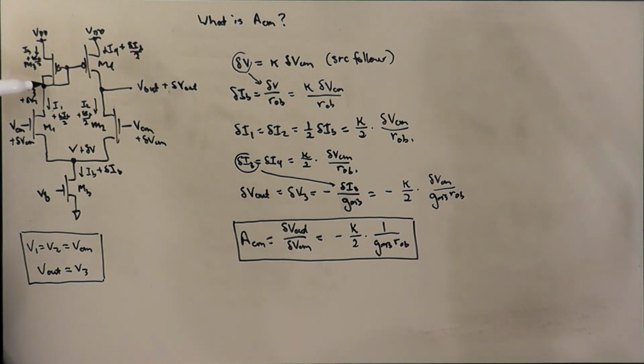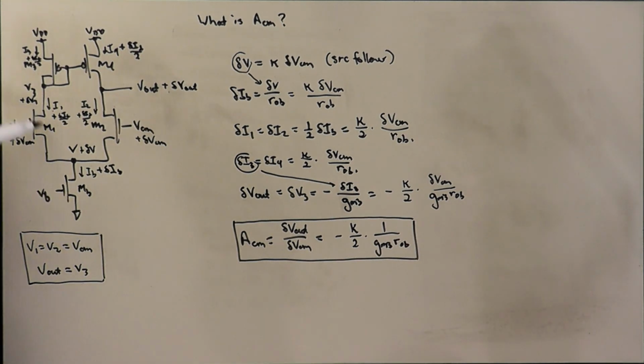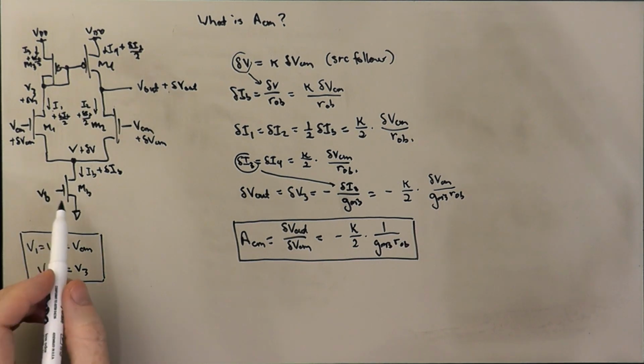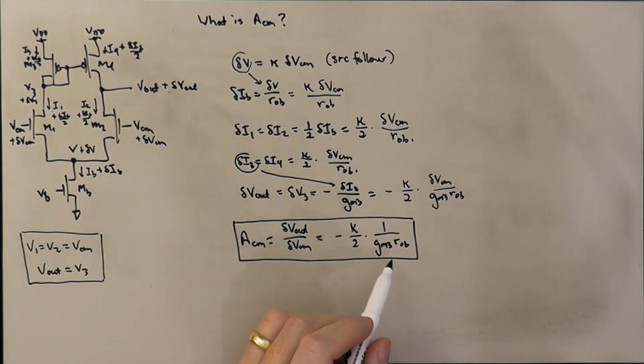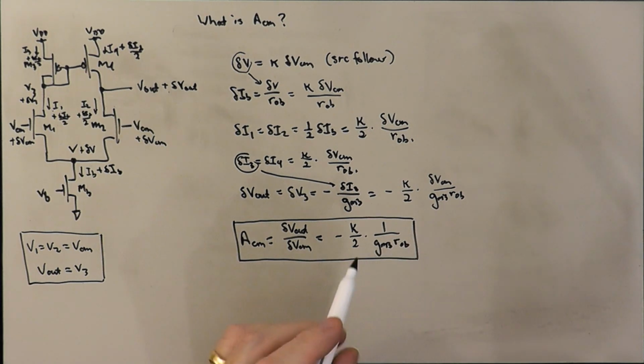These parameters are going to be tied together in a way that's fairly similar to the way an intrinsic gain of a single transistor would behave. And so GM3 times ROB is going to be something on the order of the intrinsic gain of one of these transistors, given the level of inversion that we're operating at. And so we have a number here that's going to be something like 1 over 100, or maybe 1 over a few hundred, or maybe 1 over many tens, depending on whether we're up in strong inversion or in moderate inversion or weak inversion.